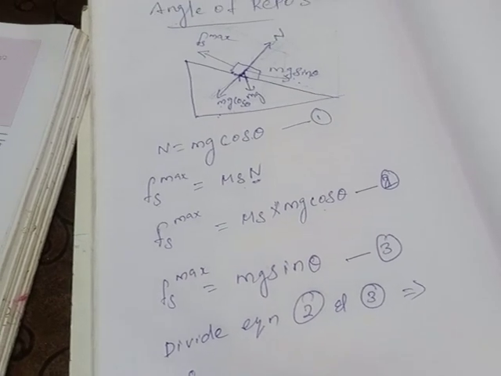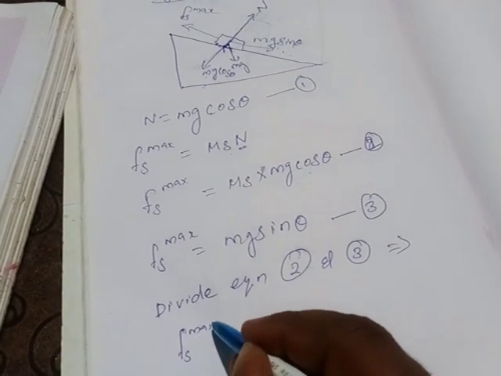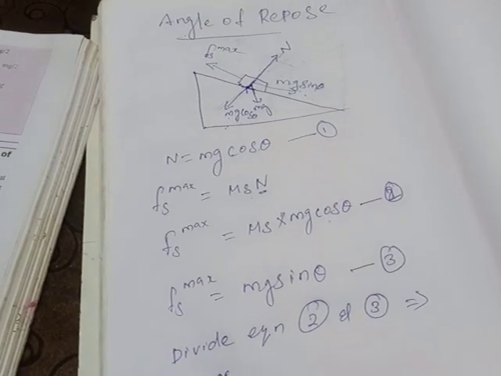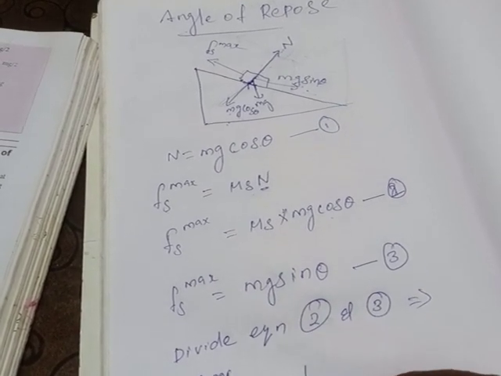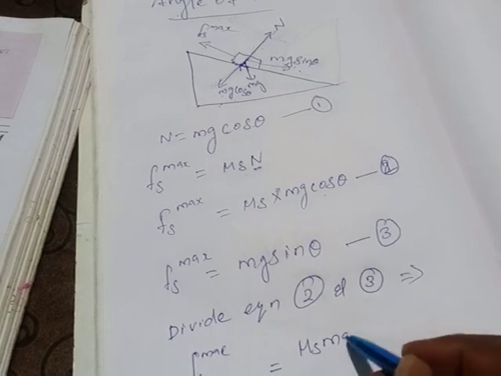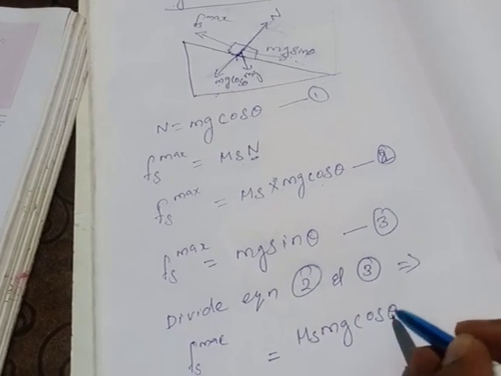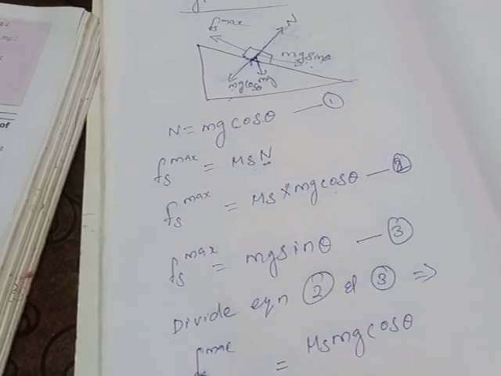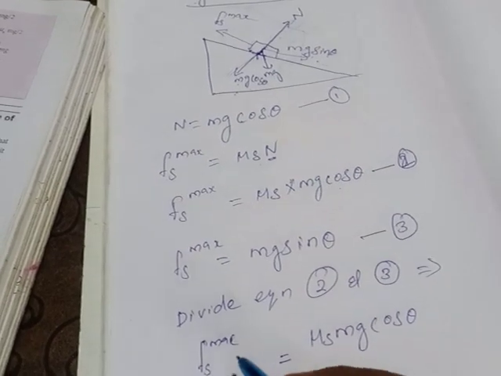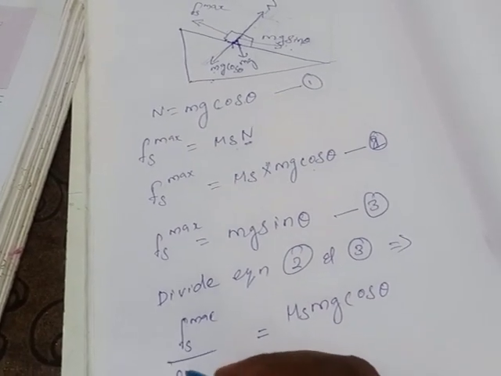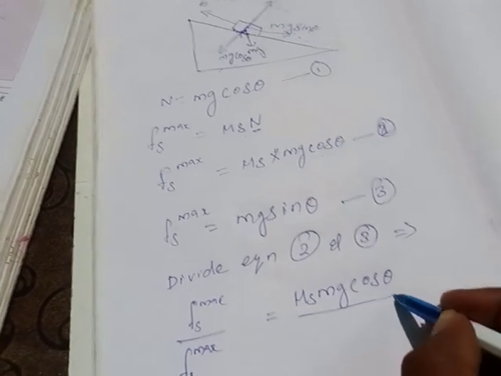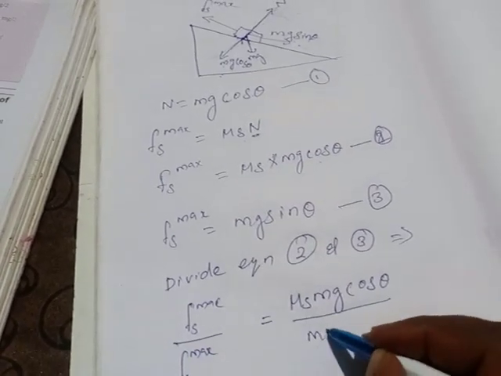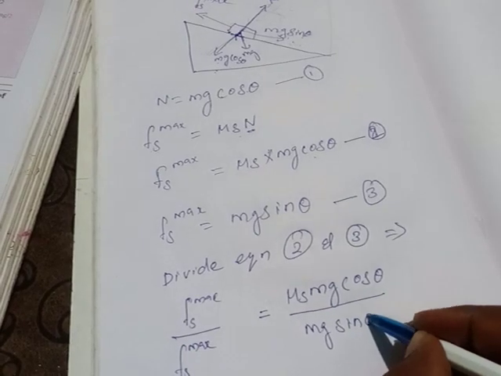So Fx maximum is equal to mu s mg cos theta. This is equation 2. And equation 3 is Fx maximum, the same, equal to mg sin theta. We divide the right sides.